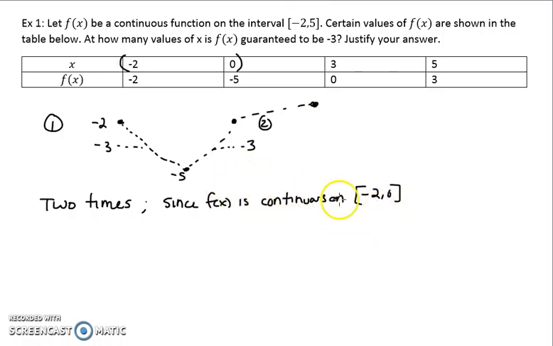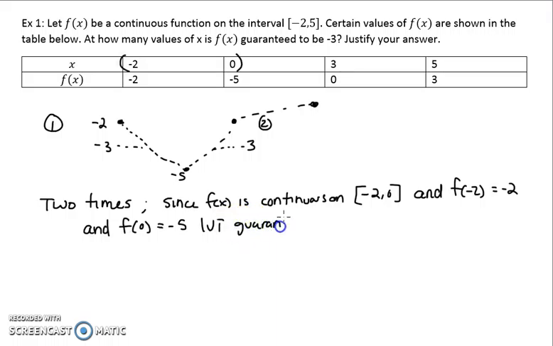So since f of x is continuous on the interval negative 2 to 0, and one of my endpoints, f of negative 2, is equal to negative 2, and my other endpoint, f of 0, equals negative 5, IVT guarantees a value on the interval negative 2 to 0.